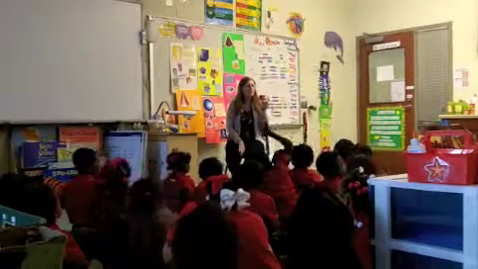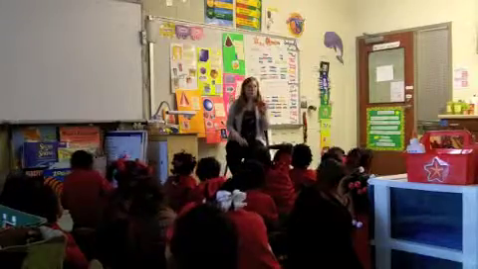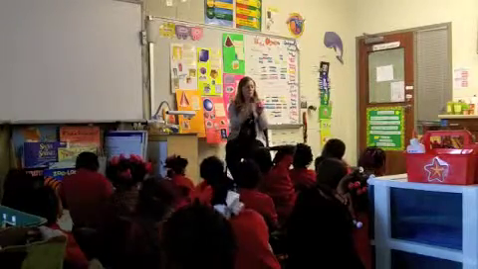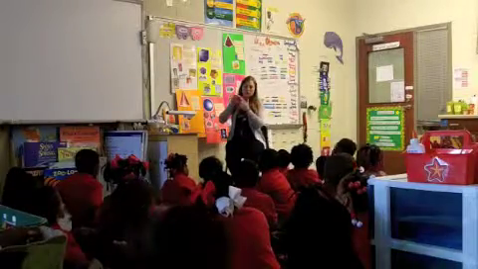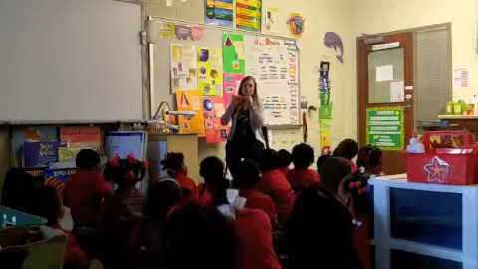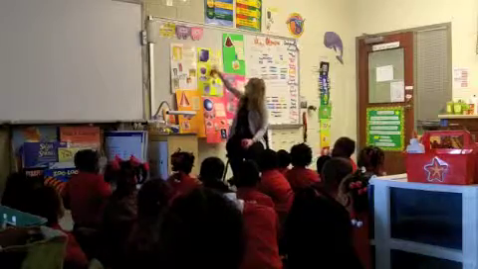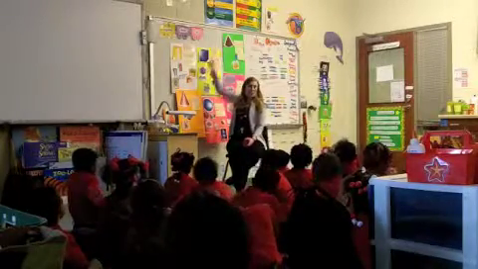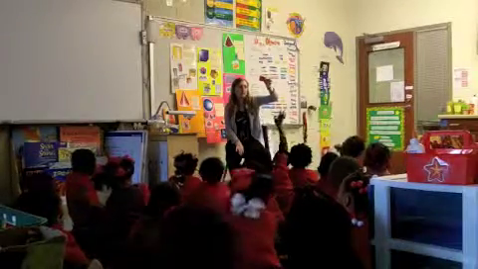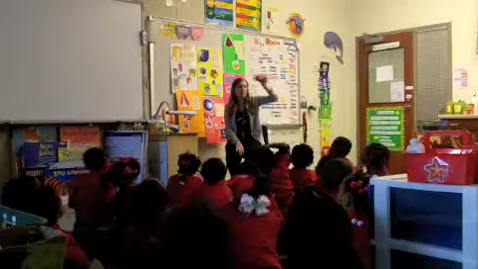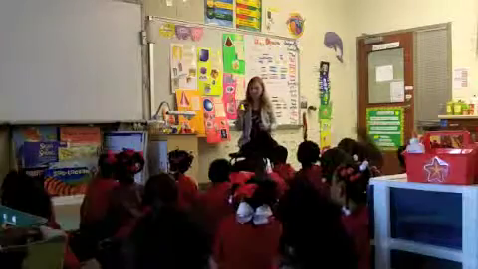There are 6 squares. Now, let's see how many corners it has. Ready? 1, 2, 3, 4, 5, 6, 7, 8. 8 corners. There are 6 squares and 8 corners in the shape. This shape is called a cube. What is it? Cube. Let's say it one more time. Cube. Good.